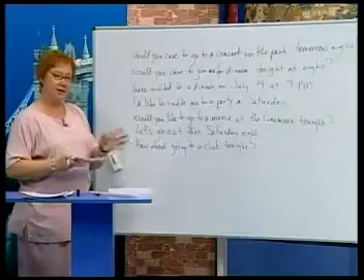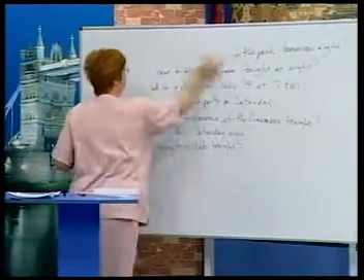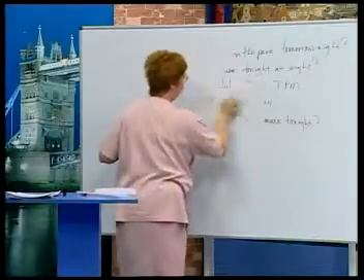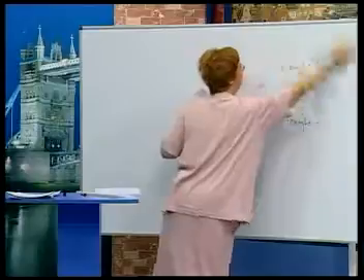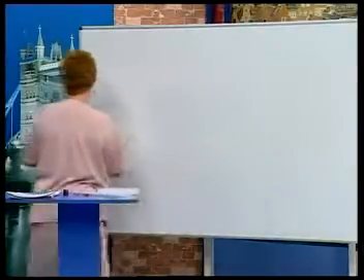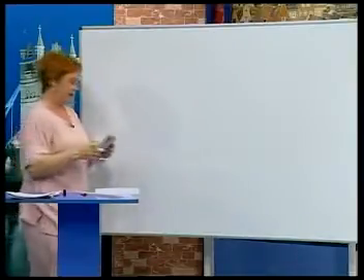Now, there's another way we can do it, and let me make some more room here. And we can change it around a little bit. And then I'll show you how it looks. Okay, sometimes we say what, where, and when first.